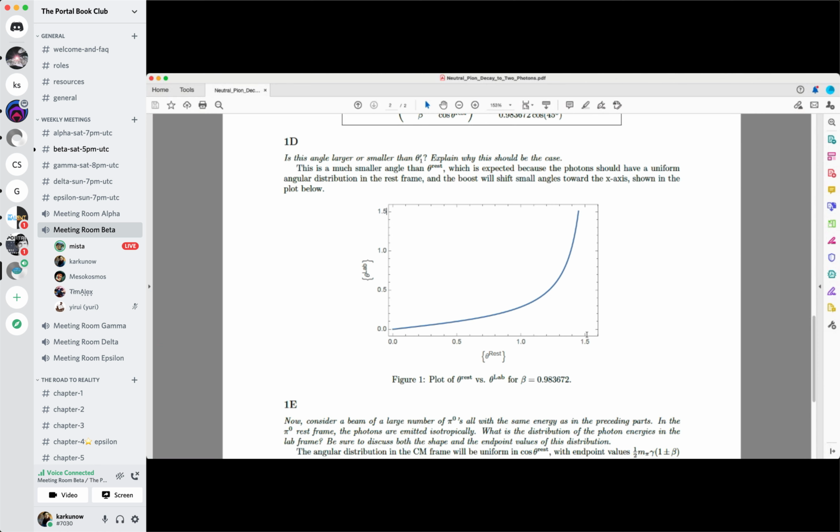If it's emitted near perpendicular to the initial direction of travel for the pion, there's very little momentum along the x direction left over. So you need a very high energy photon to keep that x momentum. Does that make sense?